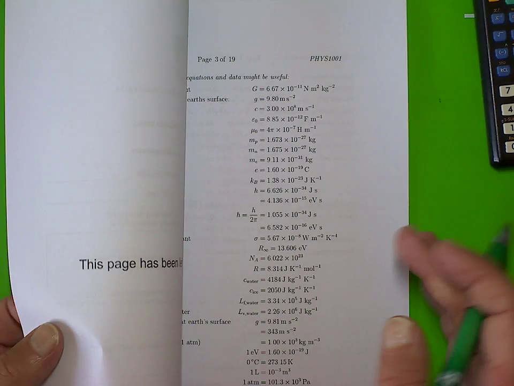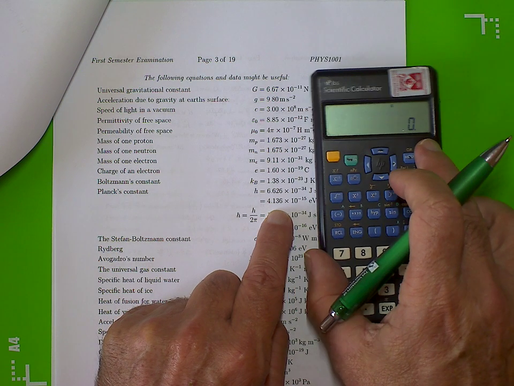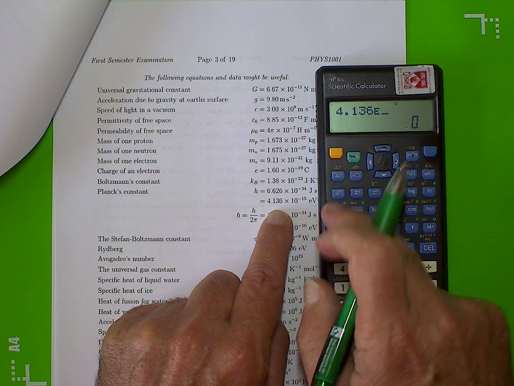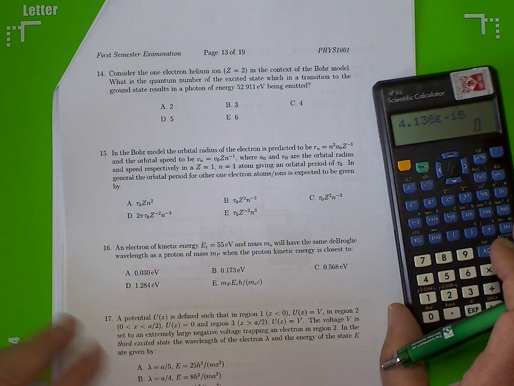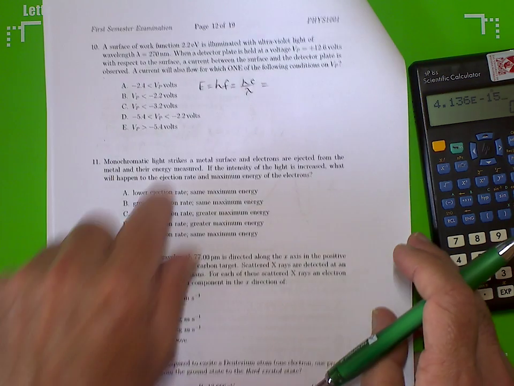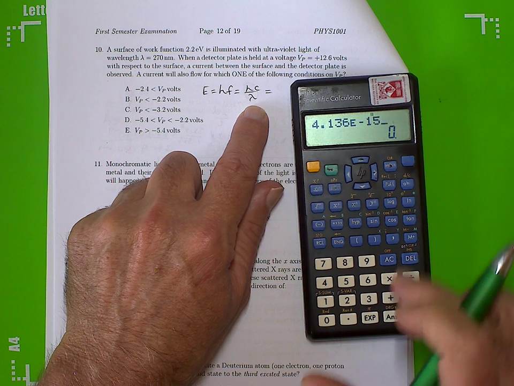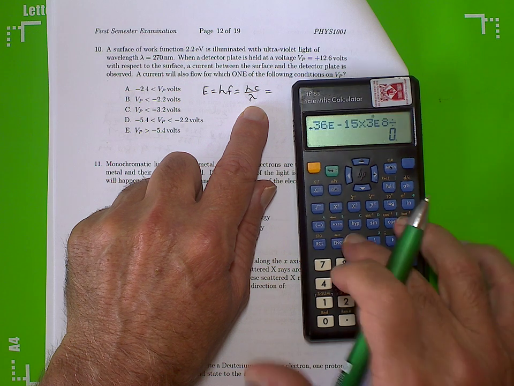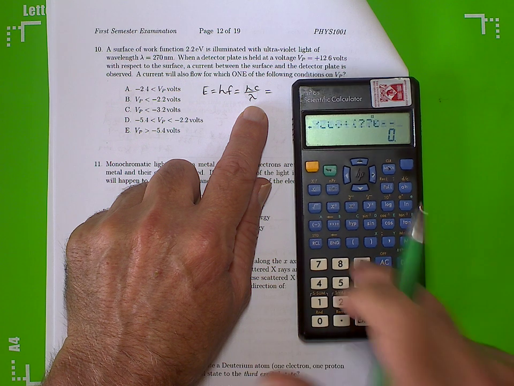Going to my formula sheet, we've got h there, so I can do the calculation. 4.136 times 10 to the minus 15, that's h in electron volts, multiplied by c over lambda: 3 times 10 to the 8, divided by the wavelength, which is 270 times 10 to the minus 9.